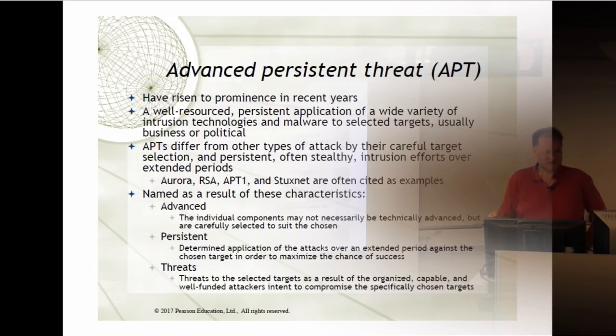And then they are persistent in that. They are testing different angles in order to get into that, and they are exploring, and they can work over time and do different things. So they don't give up very easily. So that's an advanced persistent threat.